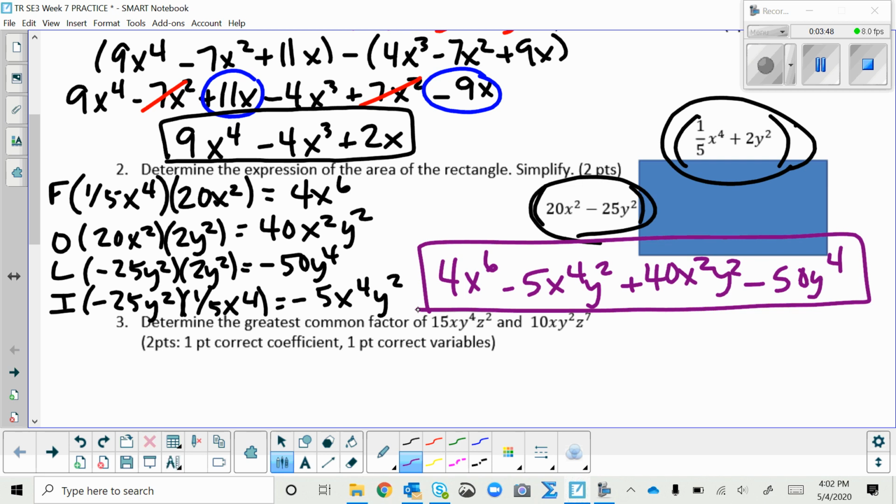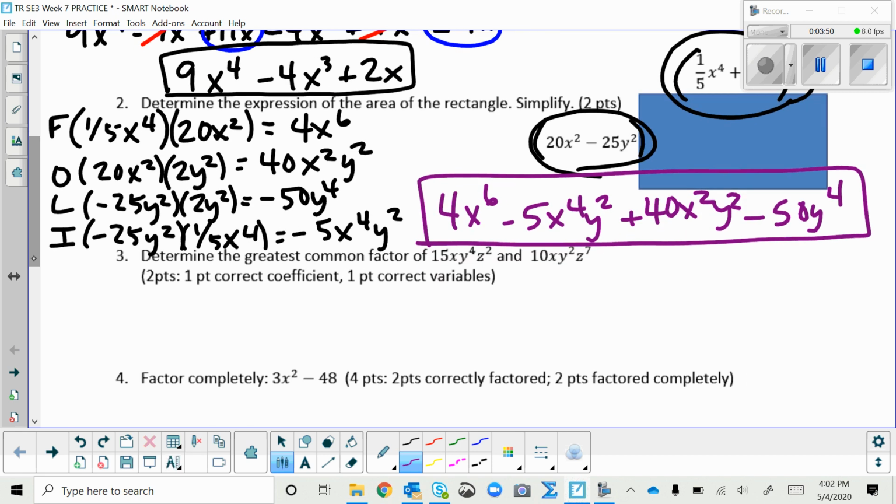Number 3, the greatest common factor of those two terms. You want the GCF of 15 and 10. The biggest number that goes into both of those is 5. You want the GCF of the x's.